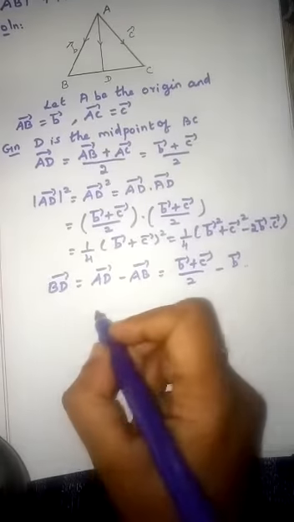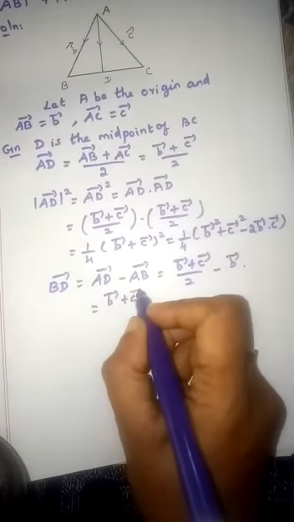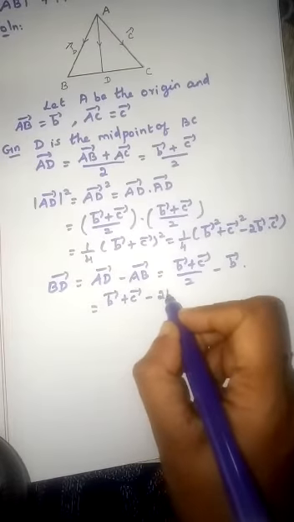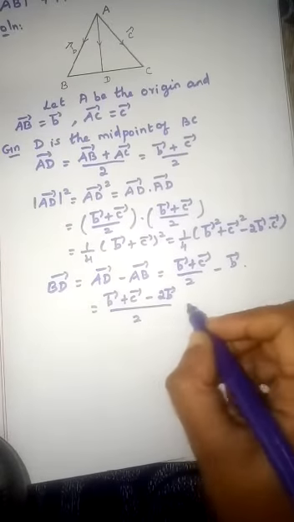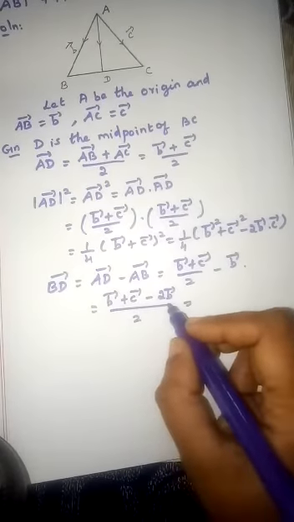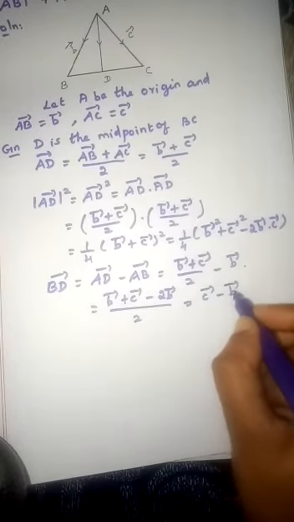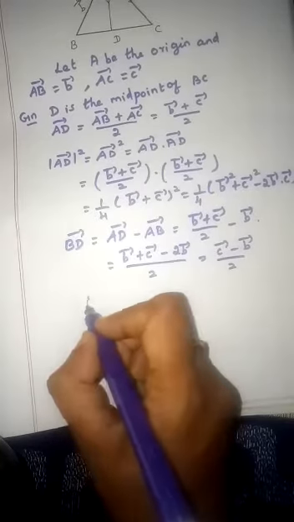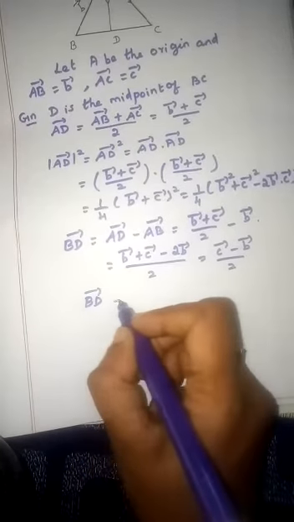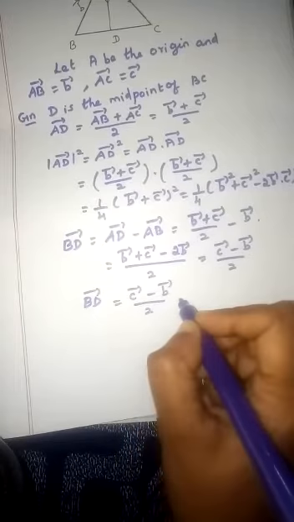Now take the LCM and simplify: (b + c - 2b) divided by 2. b minus 2b means minus b, so you get (c - b) by 2. This is the value of BD vector.